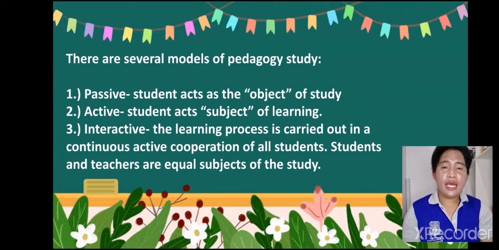Second, active. The student acts as the subject of learning, like they work independently and are creative on creative tasks. And lastly, interactive. The learning process is carried out in continuous active cooperation of all students, or students and teachers are equal subjects of the study.